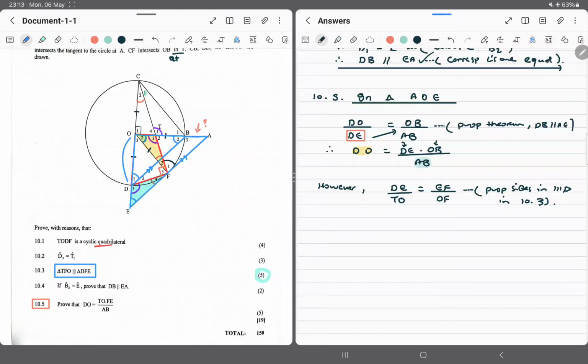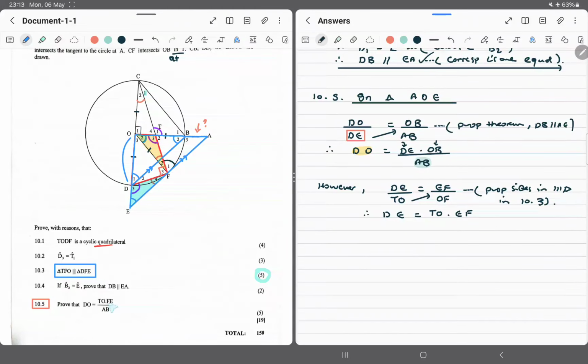So guys, be flexible, man. Make sure your story holds water. So all we want is to cross multiply there. We want DE to give us TO times EF.